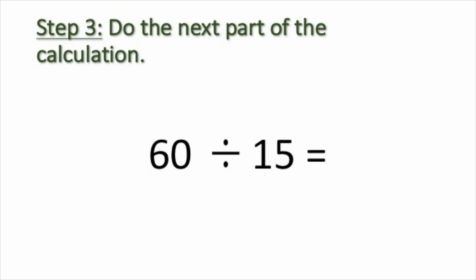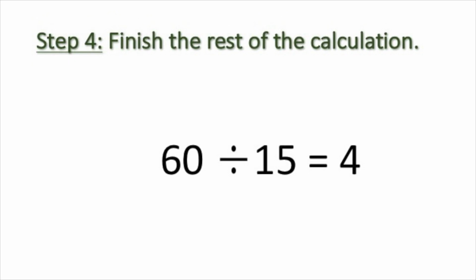What do we think? Can we work it out? I'll give you 1 minute. 60 divided by 15. Any guesses? 4. Let's see. Are you sure? Yes. Are you really sure?